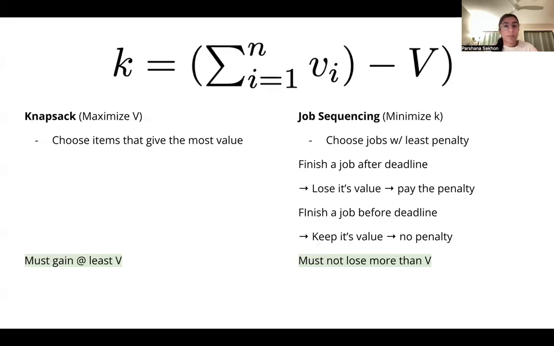If you finish a job after a deadline, you're losing the value, so you have to pay the penalty. If you finish a job before the deadline, you get to keep the value. There's no penalty. So for knapsack, we must gain at least V, and for job sequencing, we must not lose more than V. So as V increases, K decreases. And that's how we came up with this.